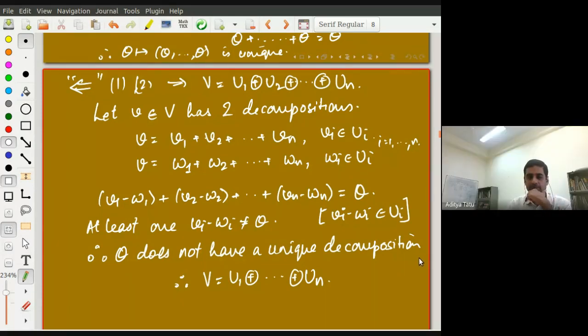Yes. Because if V1 minus W1 is equal to theta, add W1 on both sides, you get V1 equal to theta plus W1. Theta is the additive identity, so theta plus W1 is W1. This implies V1 is equal to W1. Okay? Yes, okay.